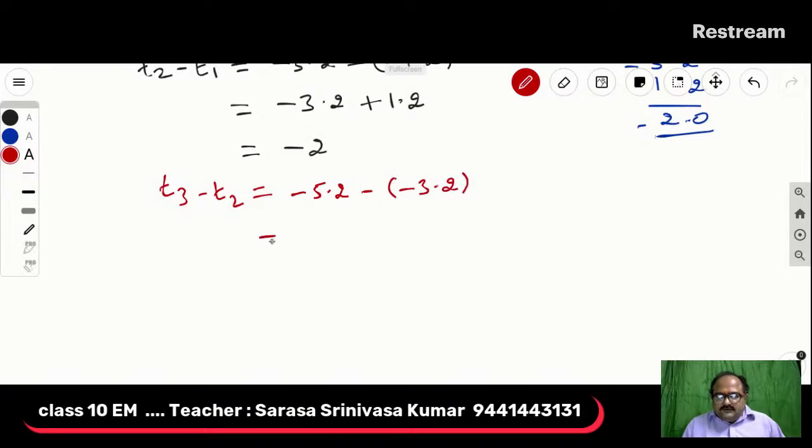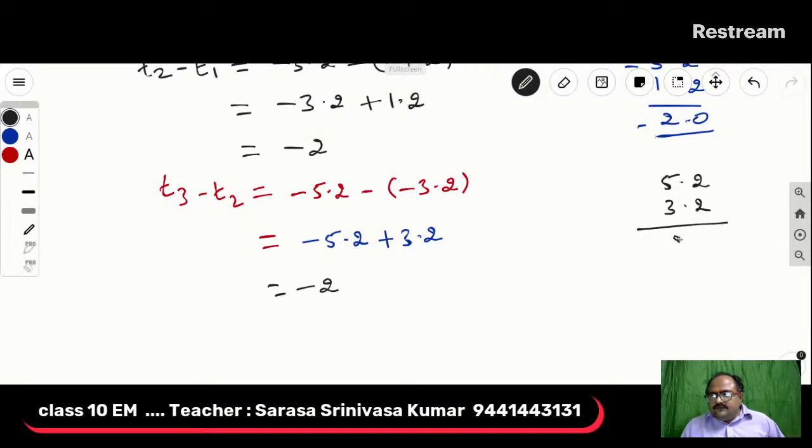So we can write this as minus 5.2 plus 3.2. So this is equal to minus 2. Here we do this calculation. 5.2, here 3.2. So the difference is 2.0. Minus is there. So we have written minus here.